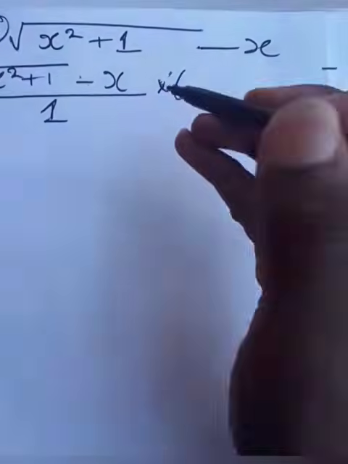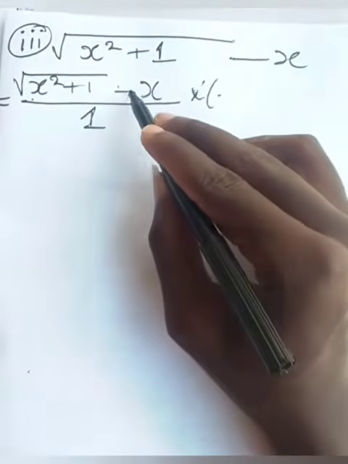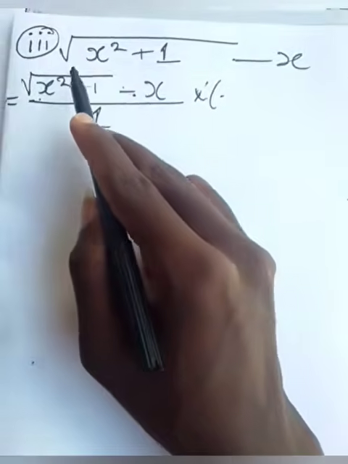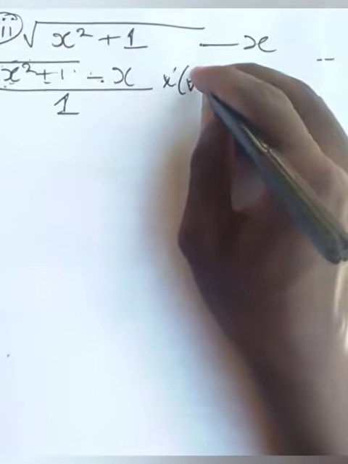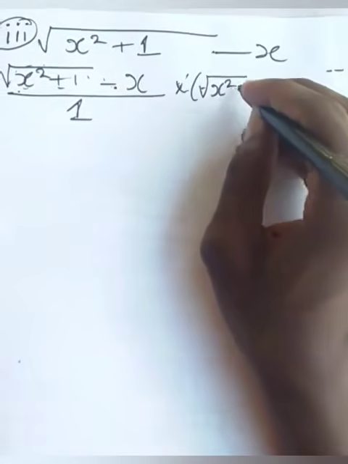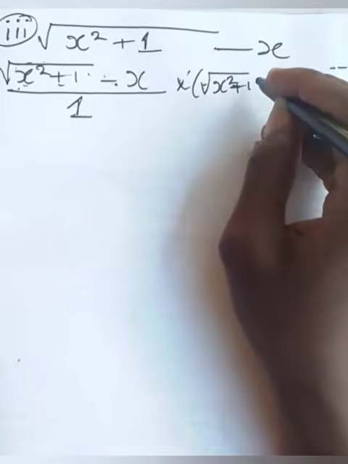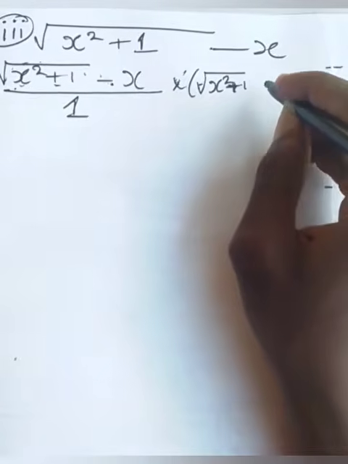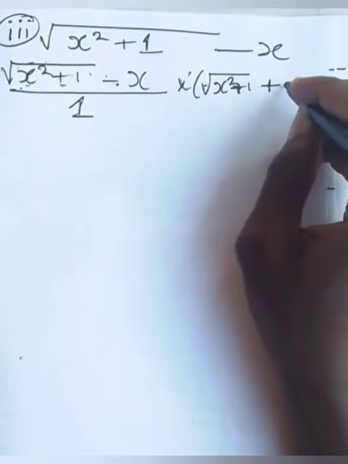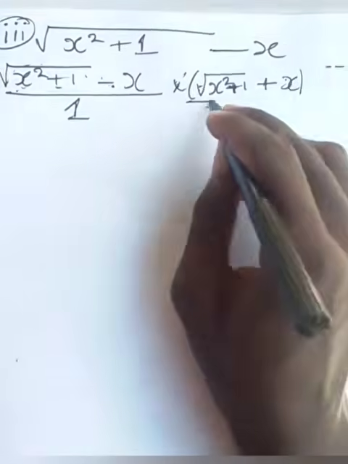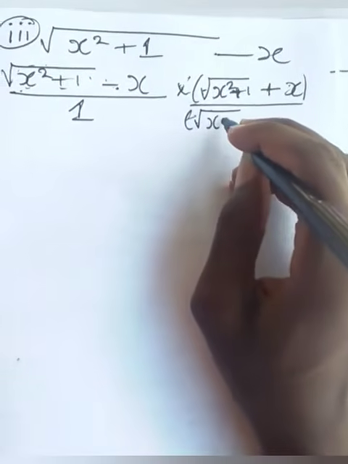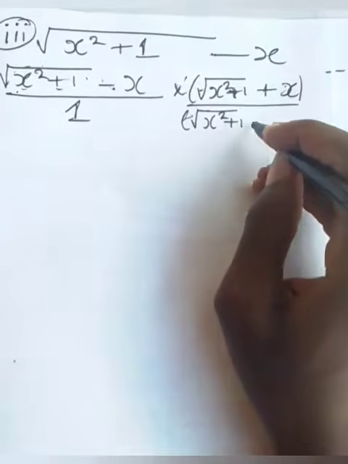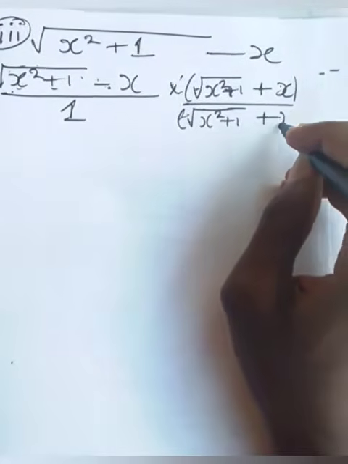Okay, so this time change the sign for this one. As long as the sign for the other is maintained constant, then we are good to go. So I'll just write x power 2 plus 1 plus x over square root of x power 2 plus 1 plus x.